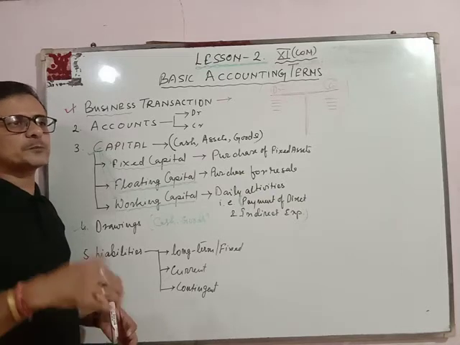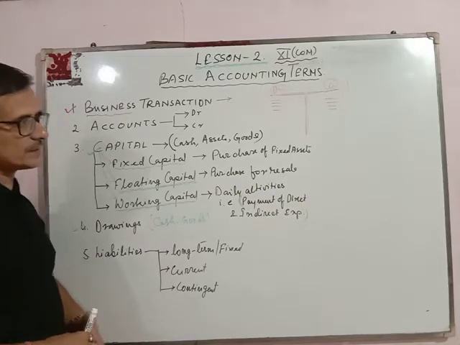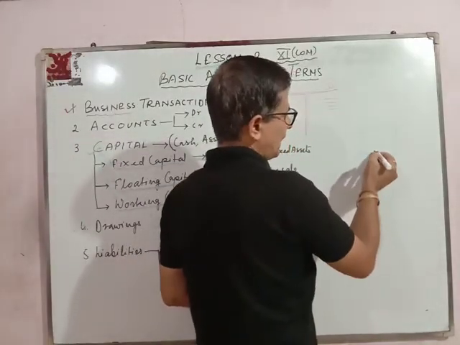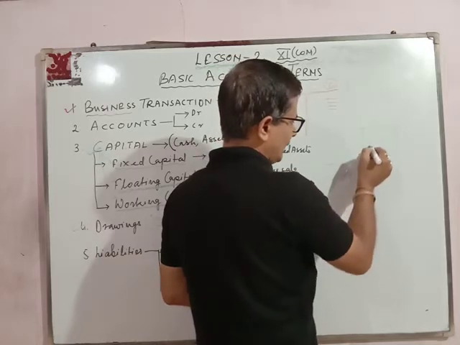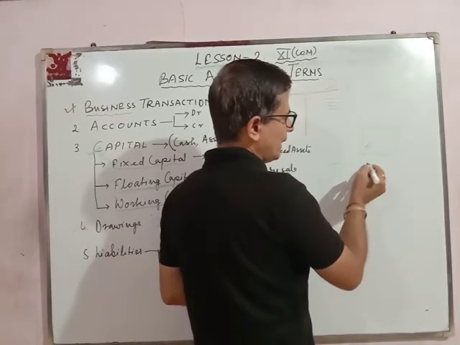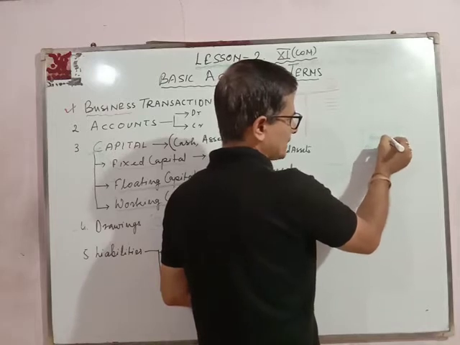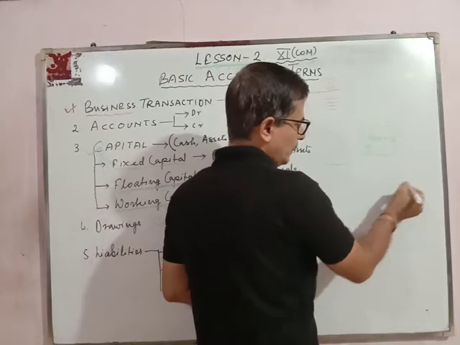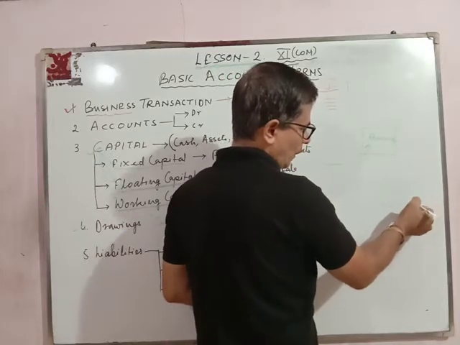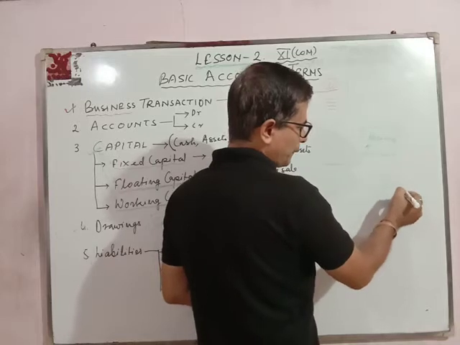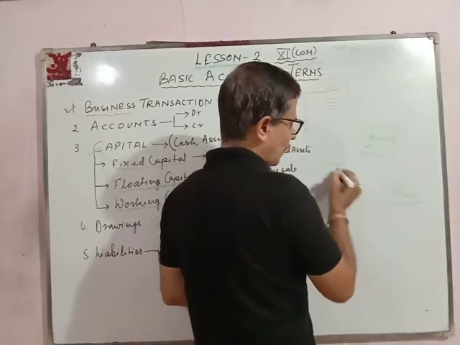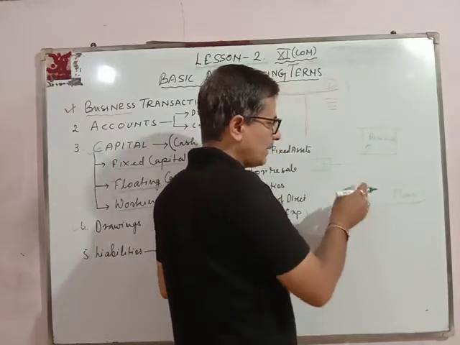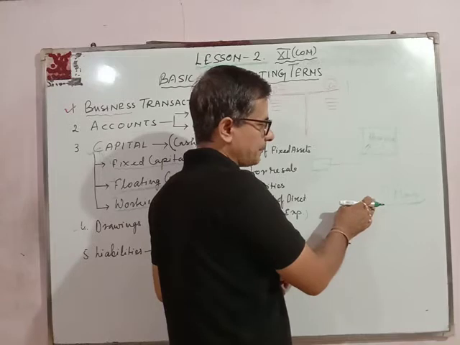Suppose a businessman opened up his shop in the market, and whatever money he had, he put into this business. Now if he needs some money for home expenses or home requirement, then where will he get the money? Because he has already put whatever money he had into the business.